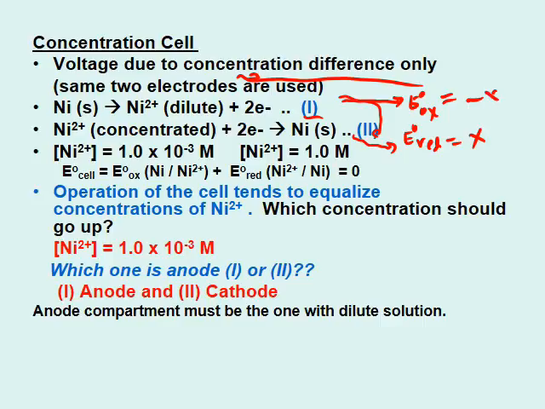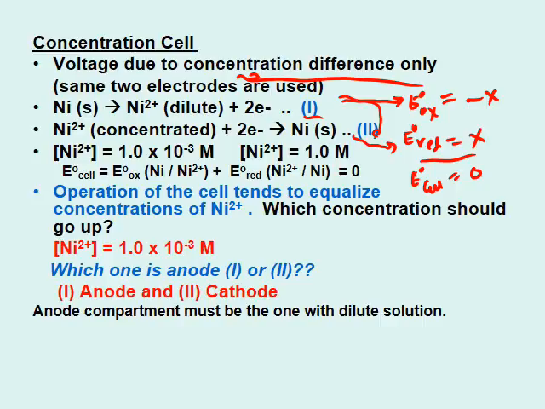So it's going to be minus X. Keep that in mind. So E0 cell would be given by the sum of these two numbers, which is going to be 0.